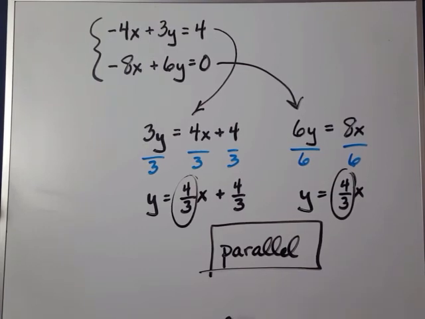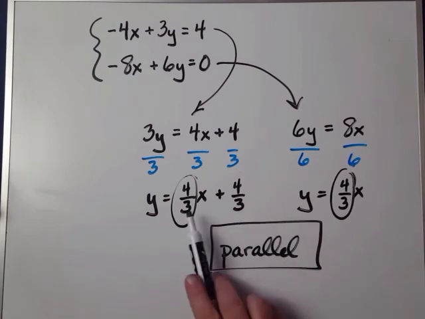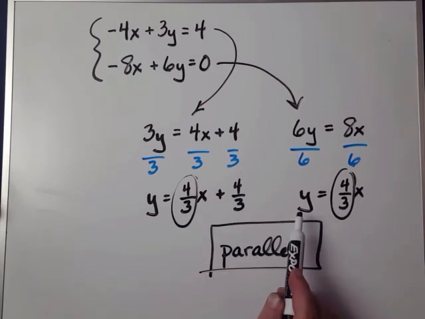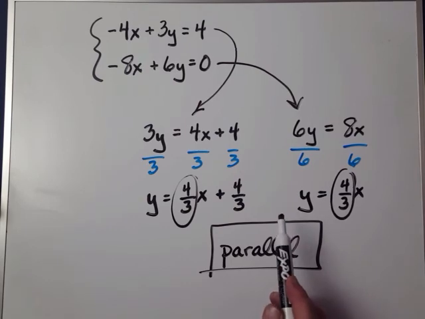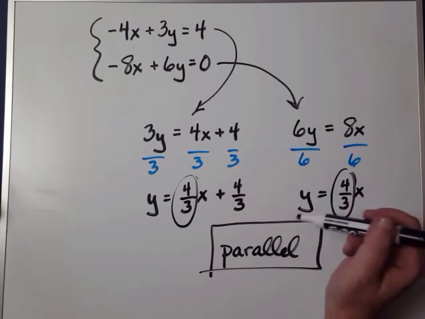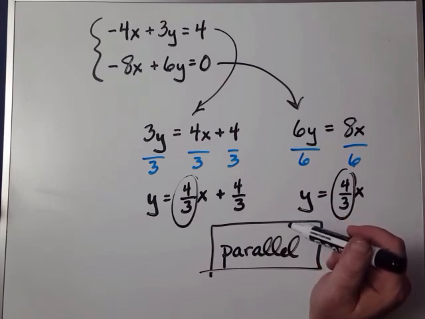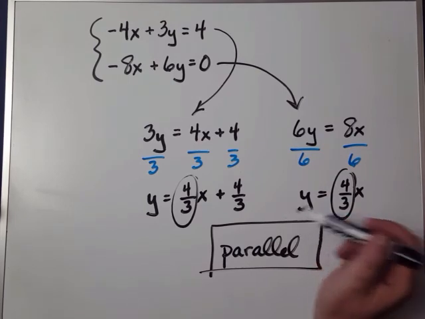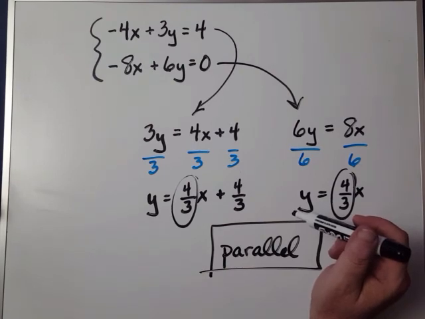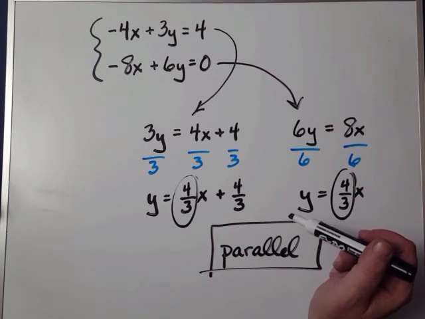This makes a fun multiple choice. I would put, determine the relationship between the two lines. Are they A, parallel, B, perpendicular, C, neither, and then for D, I'd put both, parallel and perpendicular, which of course is impossible. Lines can't be parallel and perpendicular at the same time. But somebody will pick it.